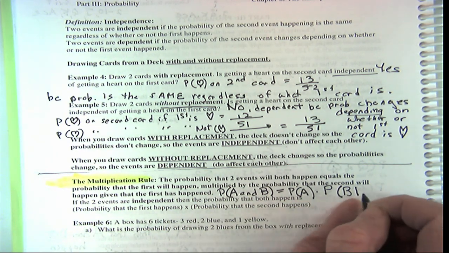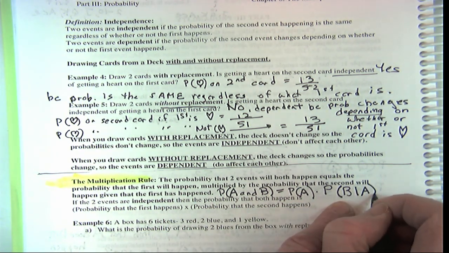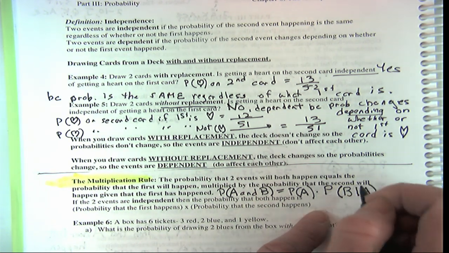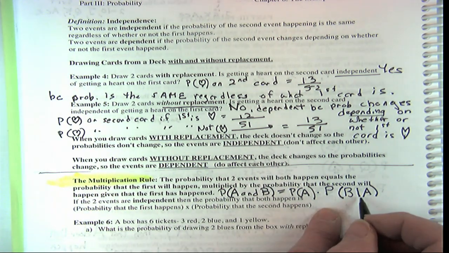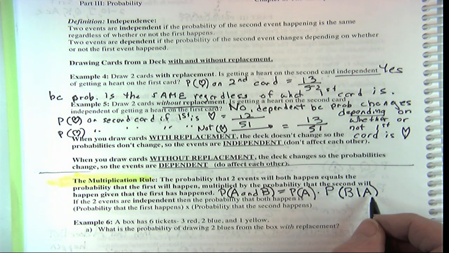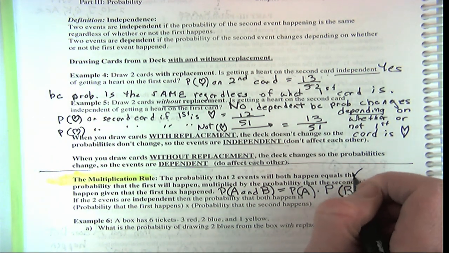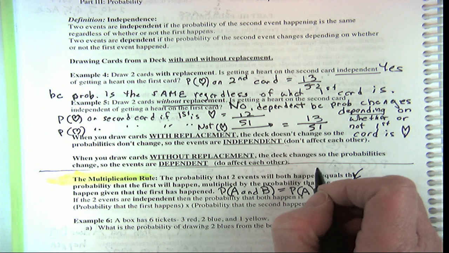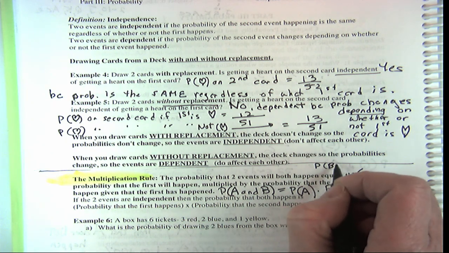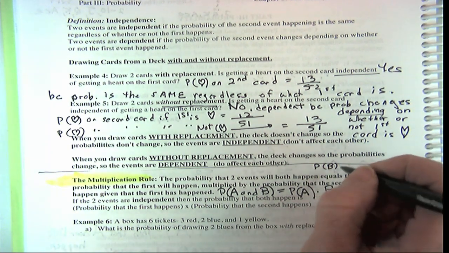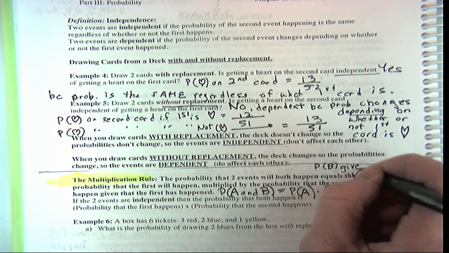You read that as the probability of B given A. That line means given A has happened.